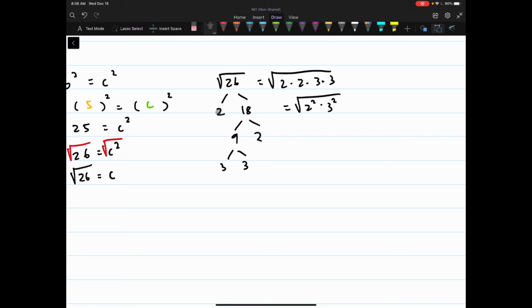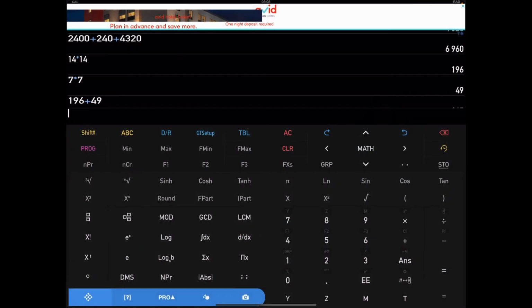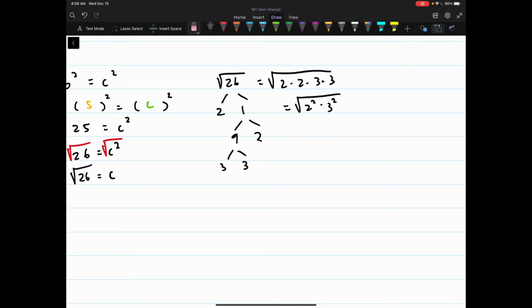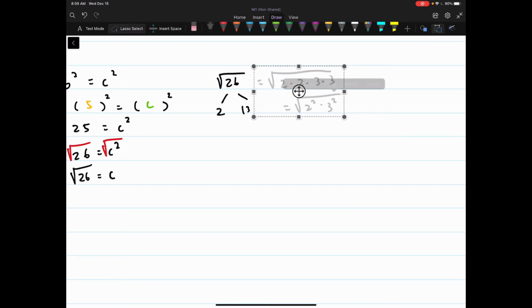Does that work? 2 times 18 is 26, right? Let me see. No, it's not. That's 36. Oh, my fault. So 2 times 13 is 26. I am making mistakes like crazy today. So 2 times 13, and as you can see, 2 times 13 cannot be more simplified, right?